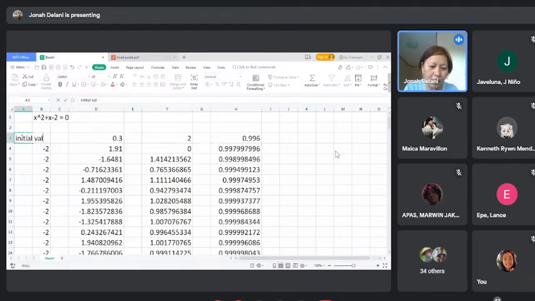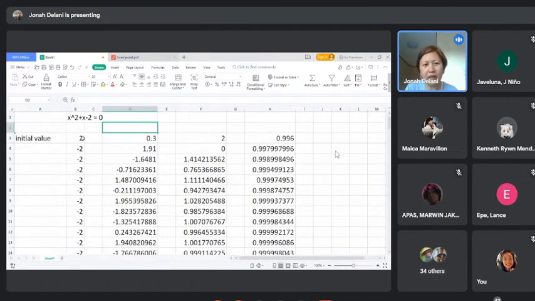This is a value that is arbitrarily assigned. So notice, this is the 2, just an example. In the second value, this is where we put the formula for the fixed point form.